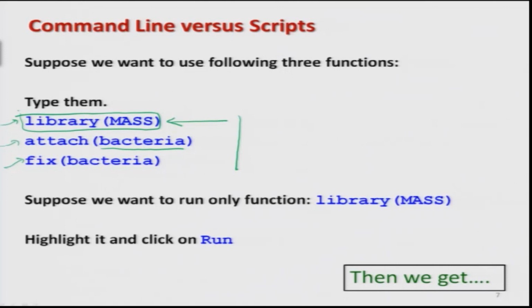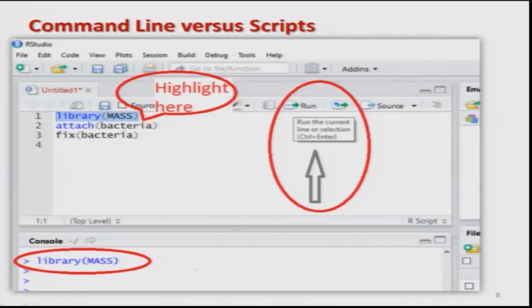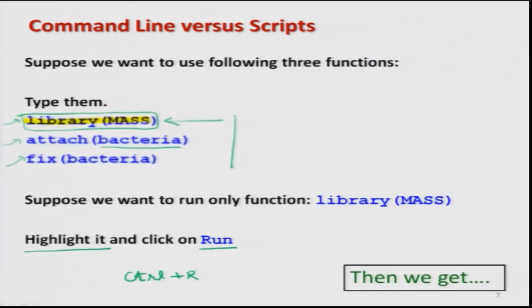So, I have to simply highlight it, just highlight it like this on your computer, and after that you simply have to click run, or in the R script window you have to type Control plus R, right. Once you do it, you will get this type of thing in RStudio, right. So, let us try to do it over RStudio and see what we are going to get.